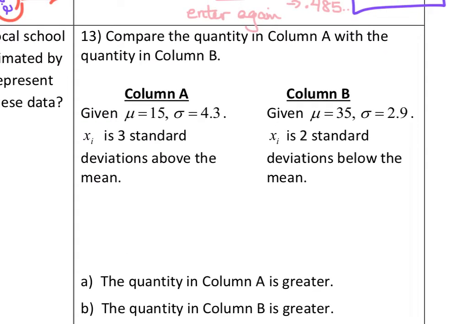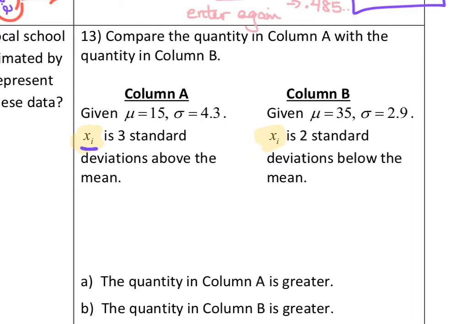So in number 13, you want to compare these quantities. And which quantities are we talking about? We're talking about the data value here. And so let me do column A with purple. So it says that the mean is 15 and the standard deviation is 4.3.